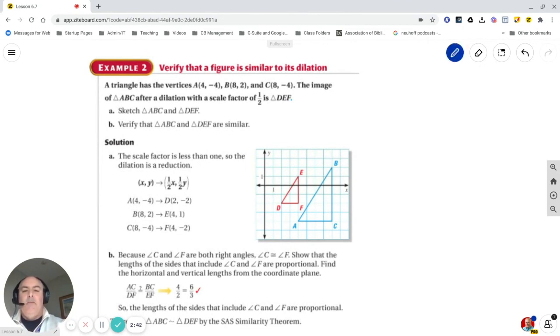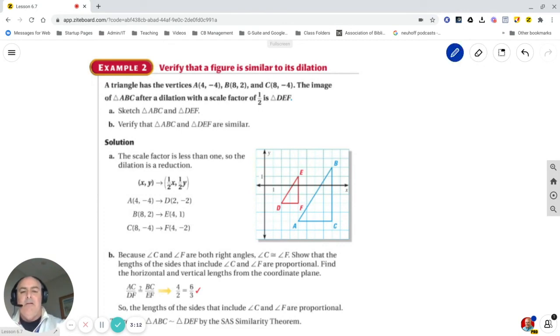Here I'm starting with a triangle ABC, and I've drawn that out. I know what my coordinate points for each of my 3 vertices are. What I want to do is create an image that has a scale factor of 1/2, so I'm going to be creating a reduction.